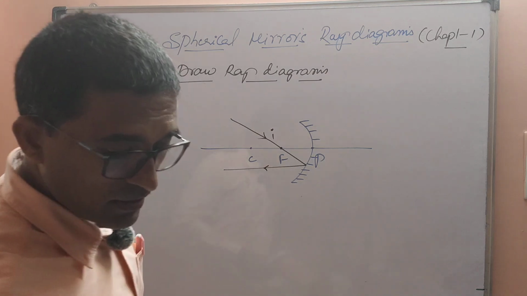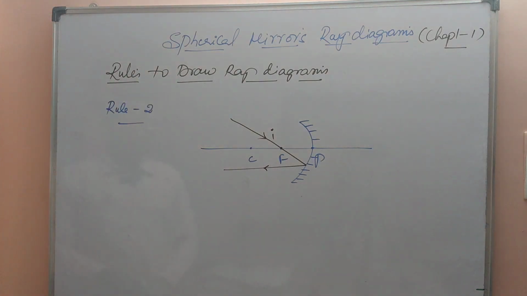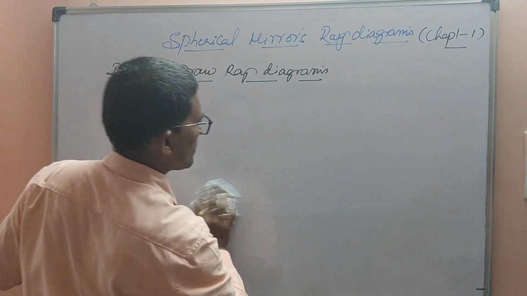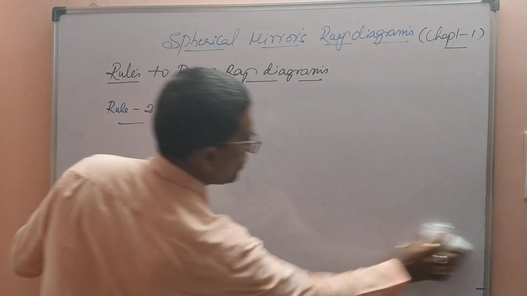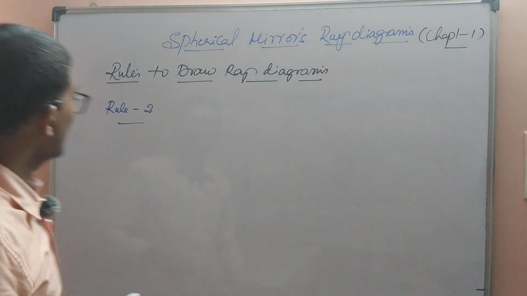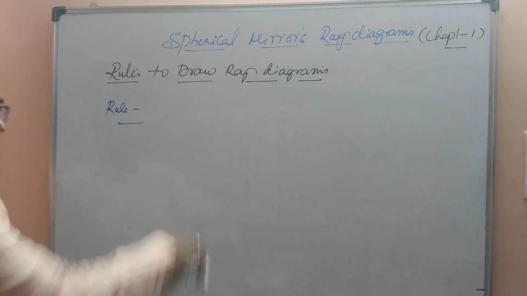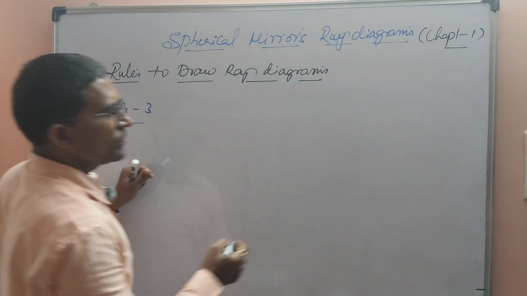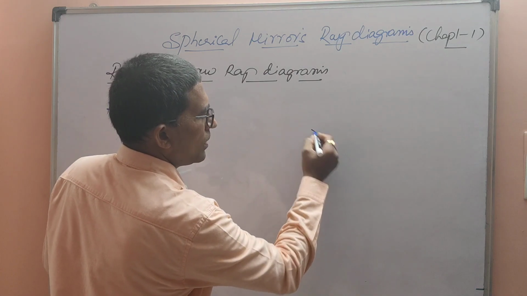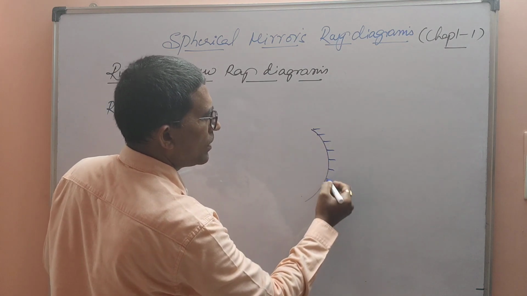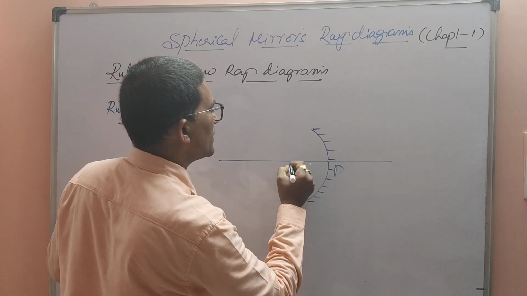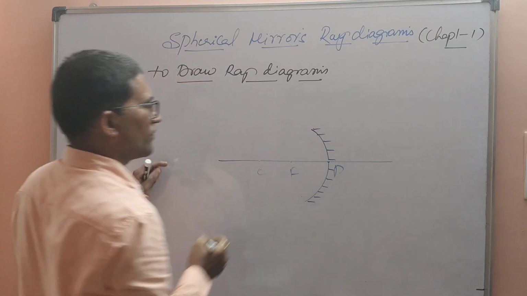Now the third one, that is rule 3. We'll be talking about rule 3. In this concave mirror, as usual, this is the pole of the mirror, this is the focus, and this is the center of curvature.